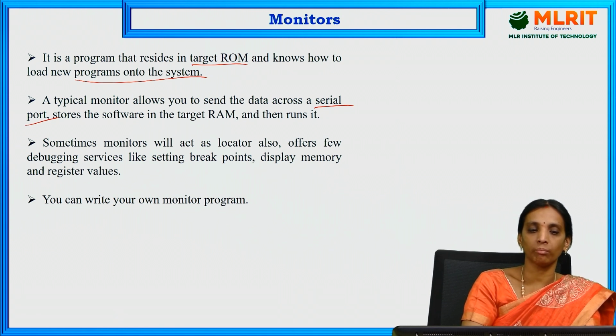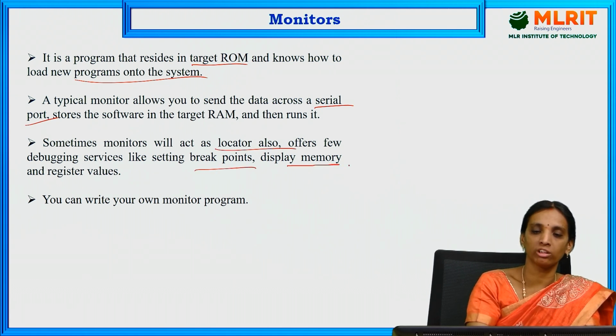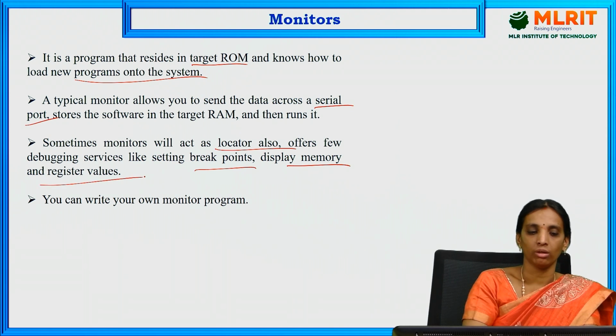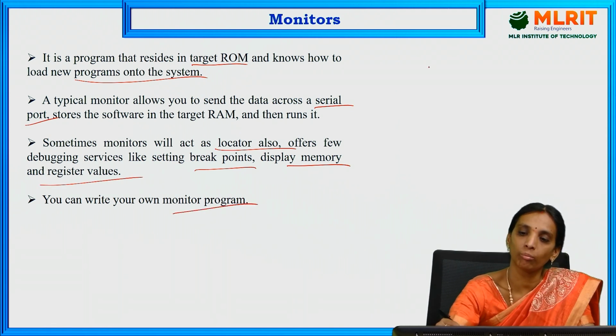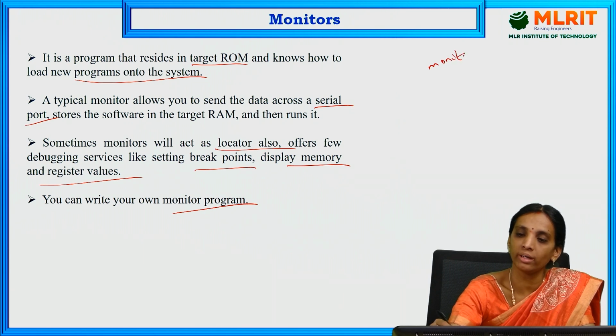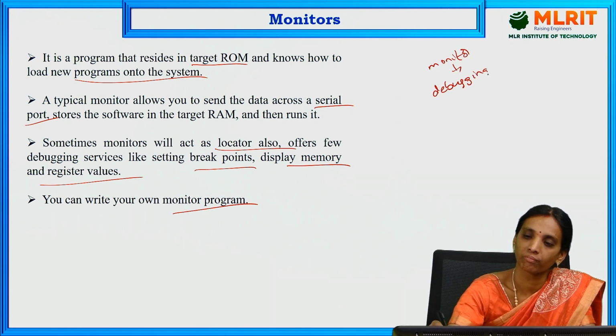Sometimes monitors are also the same as locators. A monitor offers new services like breakpoints, display of memory and register values. So we can write our own program from the monitor. In this monitor we have some debugging tools and flash tools.